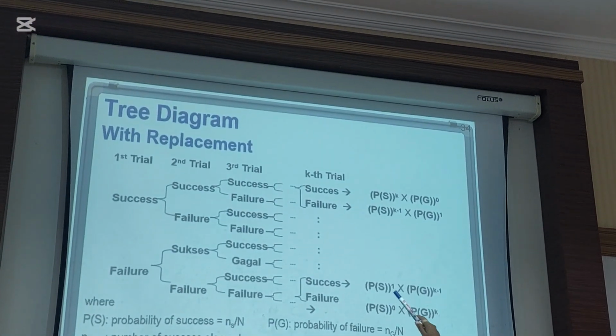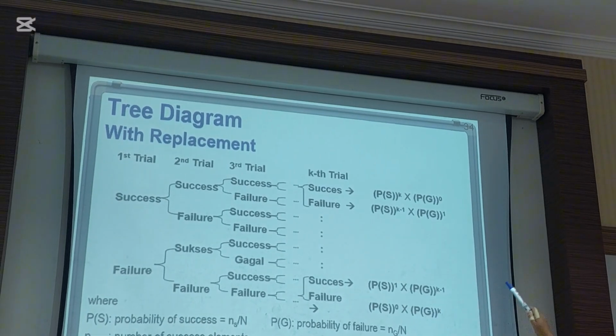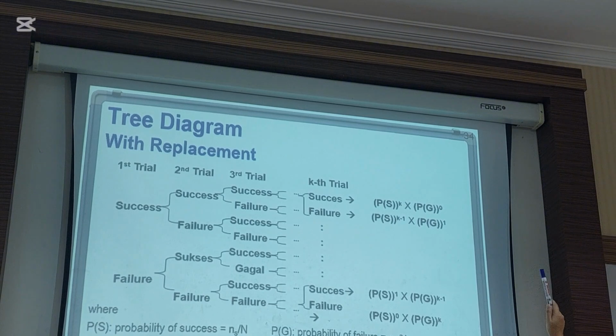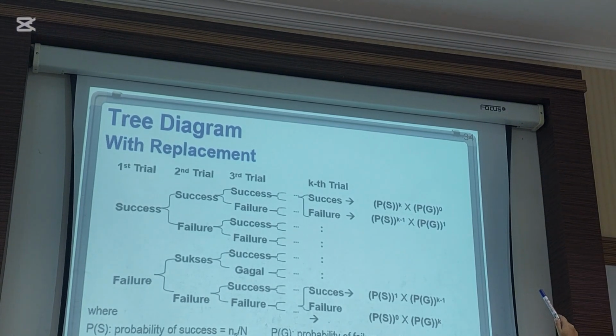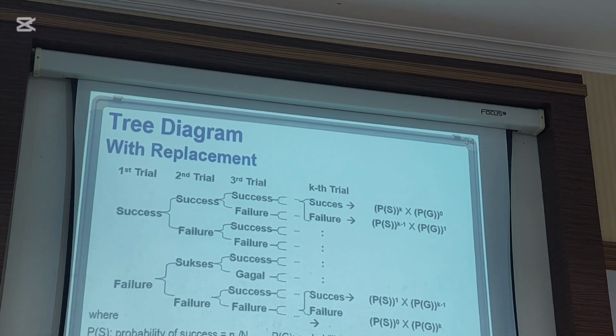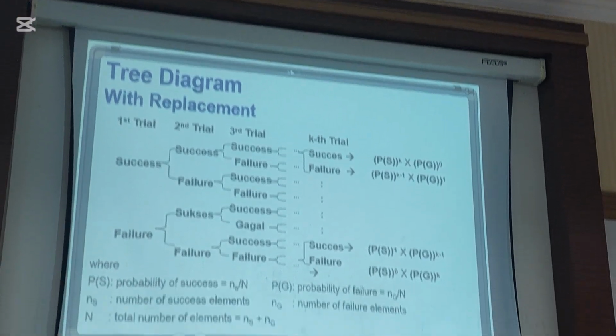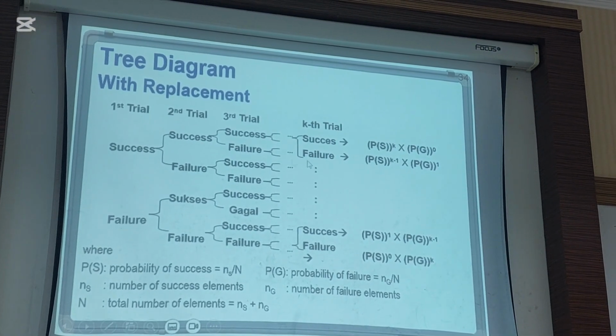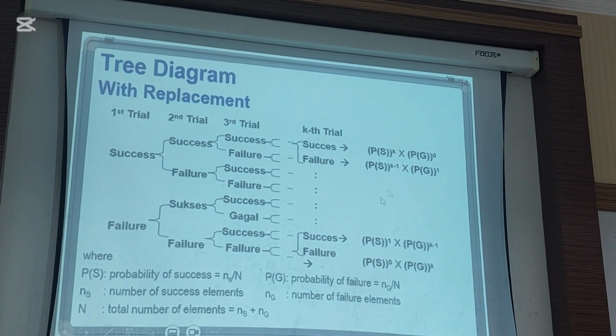For success, probability of success square K cross probability of failure G. This is relatively simple for calculating the probability.